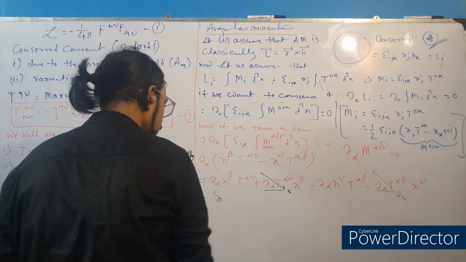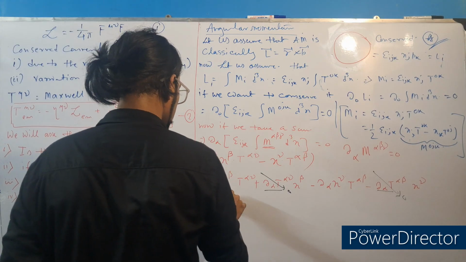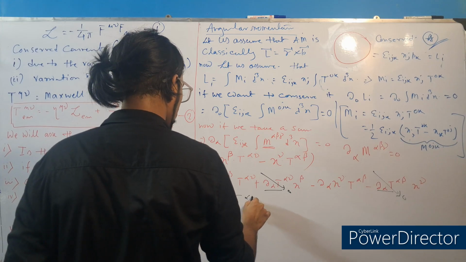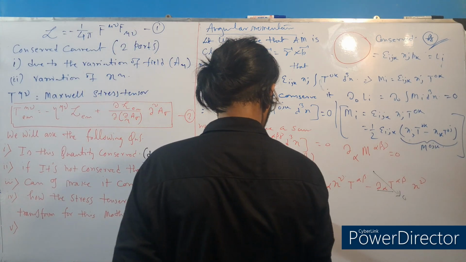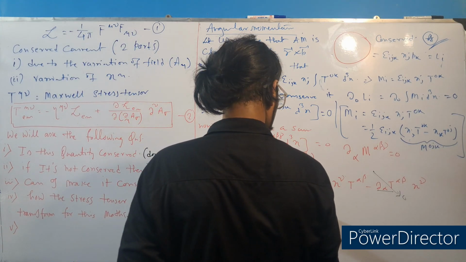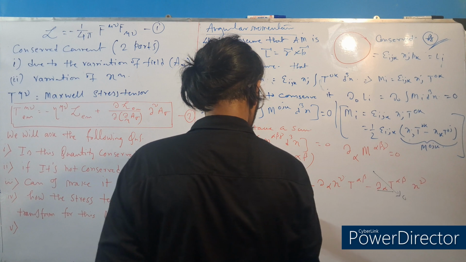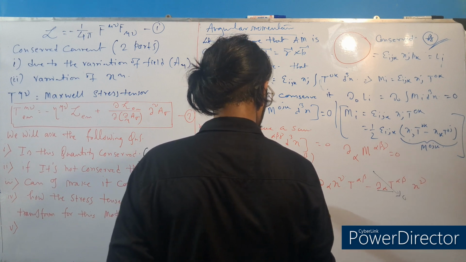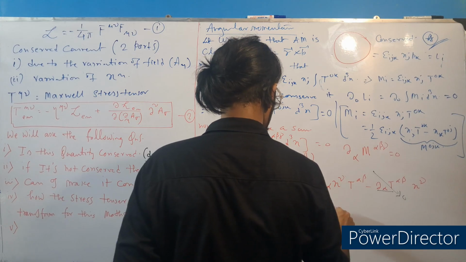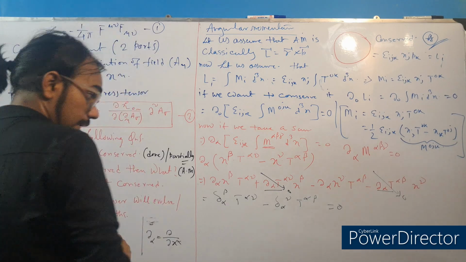So delta^beta_alpha T^{alpha gamma} minus delta^gamma_alpha T^{alpha beta}, and that is also equals to 0 according to our claim.